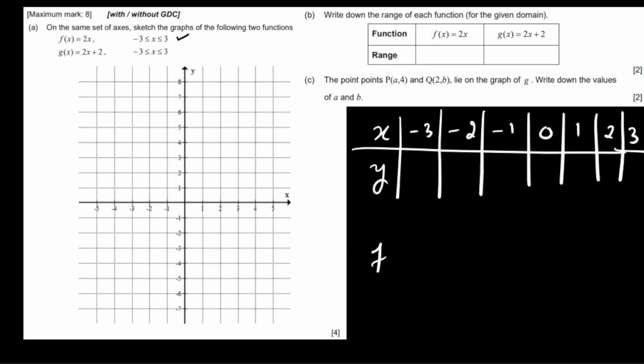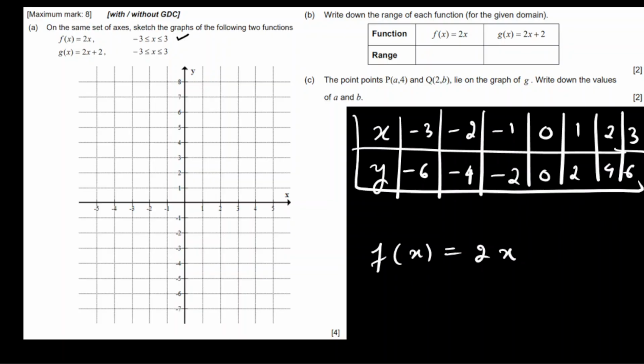It's given to us that f(x) equals 2x. So 2 into negative 3 is negative 6. 2 into negative 2 is negative 4. Then negative 2, 0, 2, 4, 6. So I've gotten the values of y corresponding to the values of x.